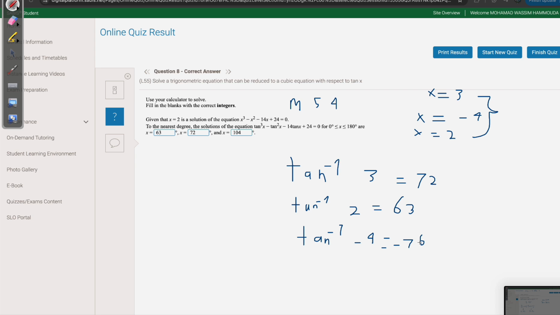But we cannot have negative angles, so what we're going to do is add 180, which is going to give us 104. Simple as that.